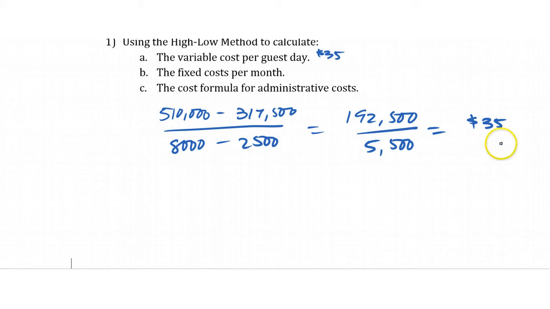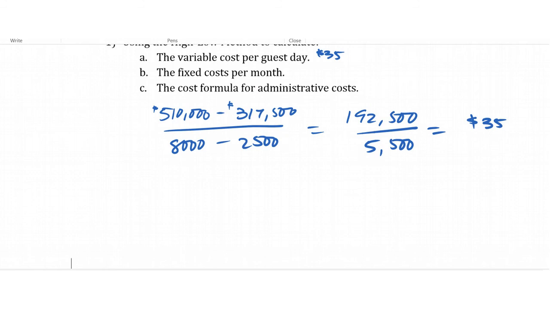That's the variable cost. Then we can plug that into either the high or the low to figure out the fixed cost. I'm going to do both of them to show you that they come out with the same thing. So I'll first use the high. Remember, these are dollars, so we'll switch colors here so it doesn't throw you off.